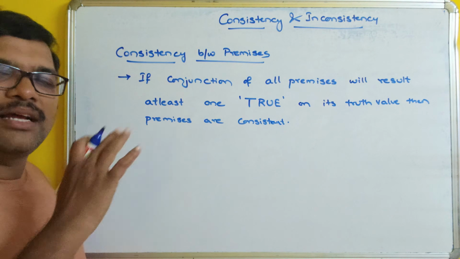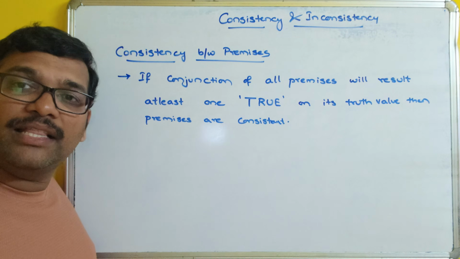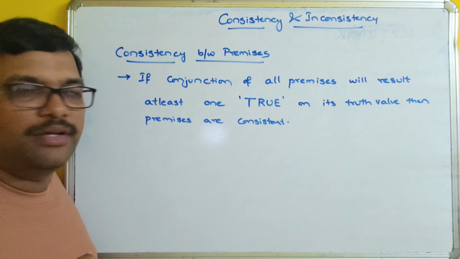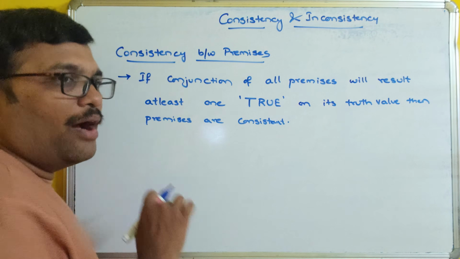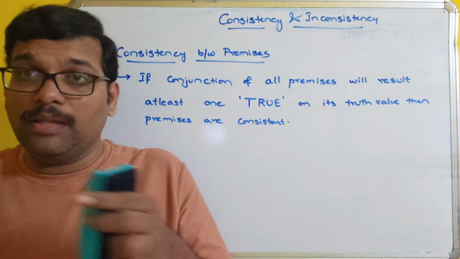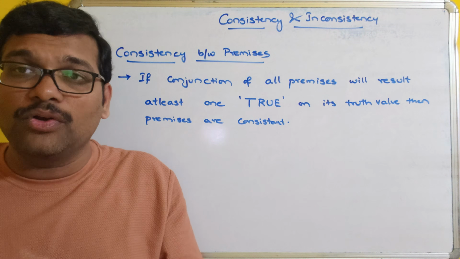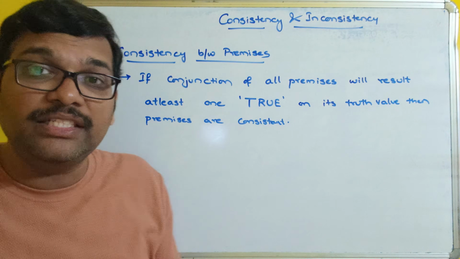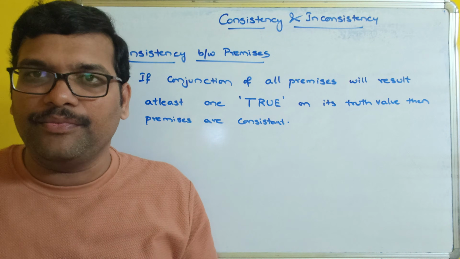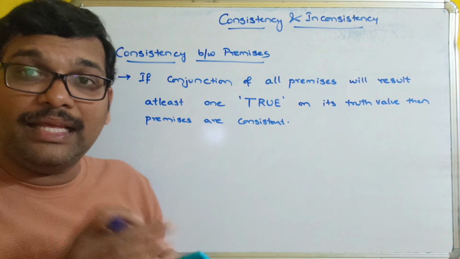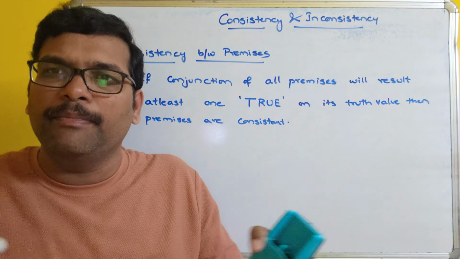So if the premises are consistent, then simply we can say the conclusion will be a valid conclusion. First we have to consider all the premises. We need not derive the conclusion. Instead of deriving the conclusion, we have to apply the conjunction. Conjunction means the AND connective, so we have to apply the AND between all the premises.